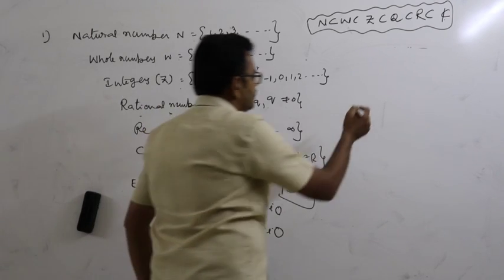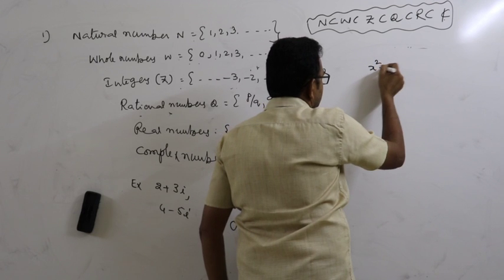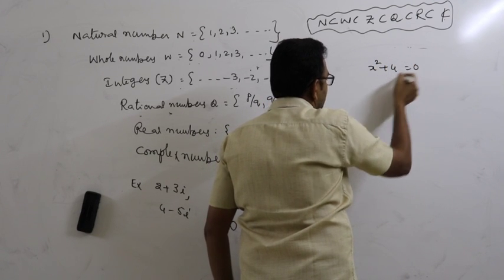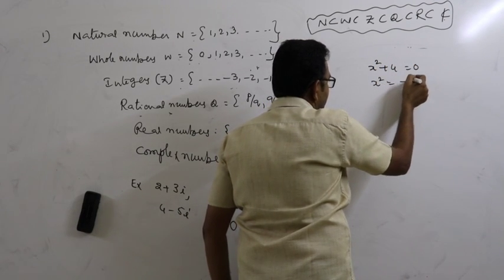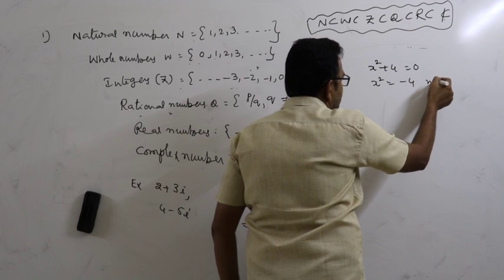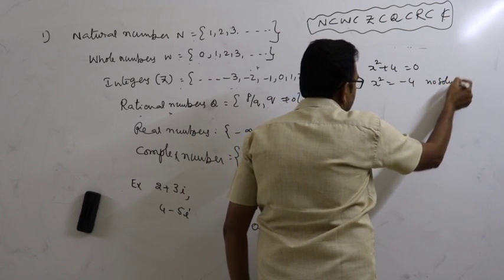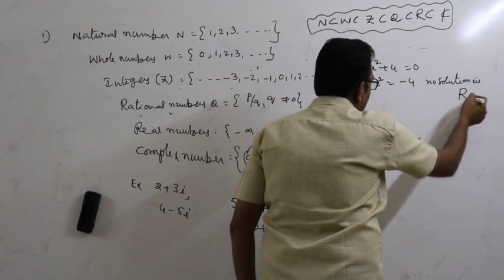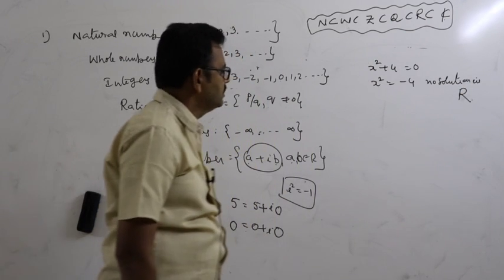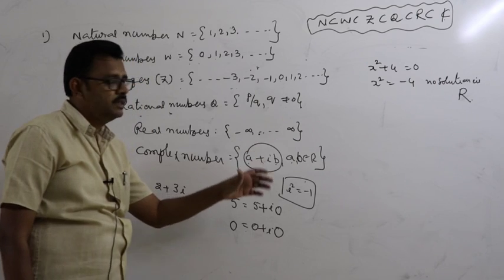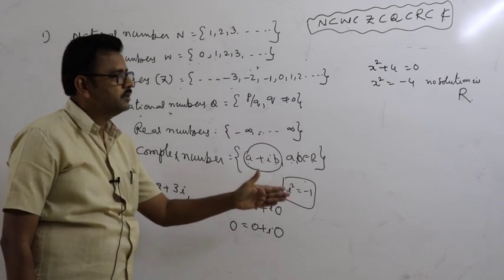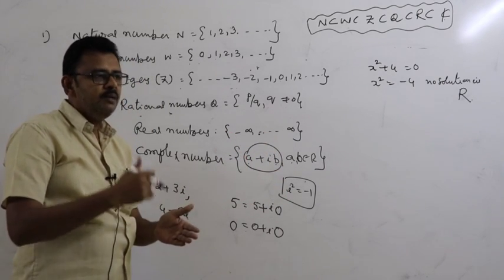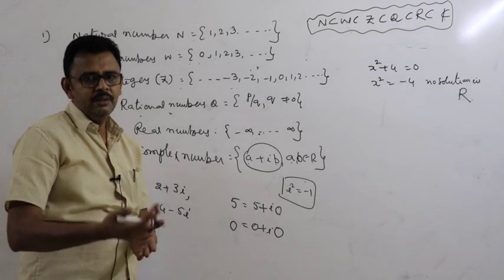See here, x square plus 4 is equal to 0, x square is equal to minus 4 has no solution in real numbers, in R. There may be a solution in another way.